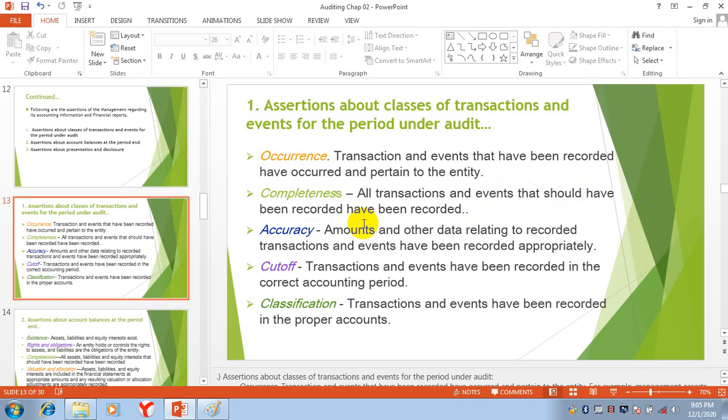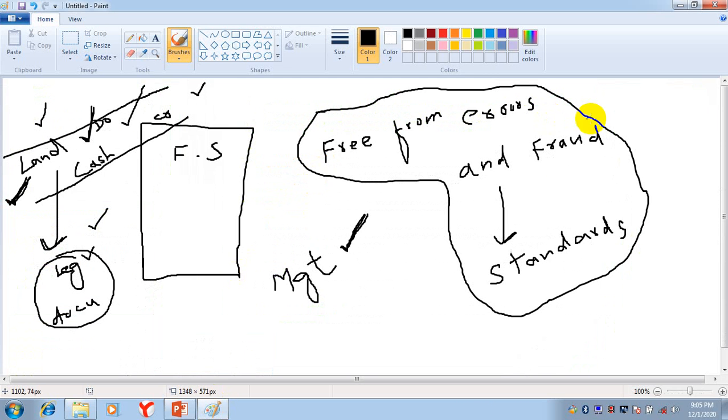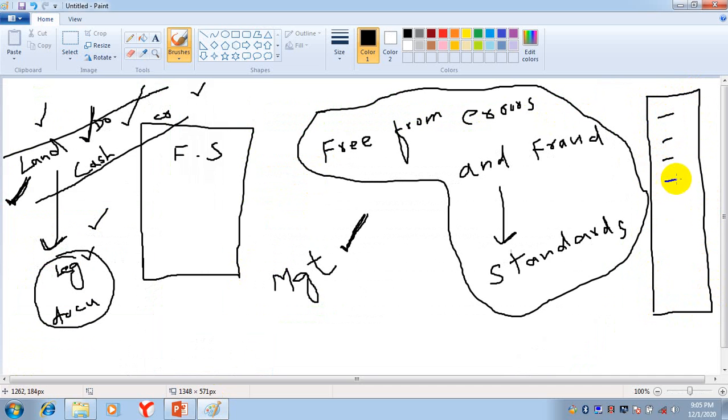Each and everything is complete. Like in our journal entries, we record each and everything, nothing is missing. Everything which happens, which occurs, we record it.